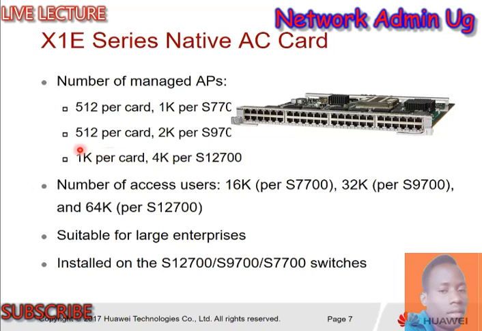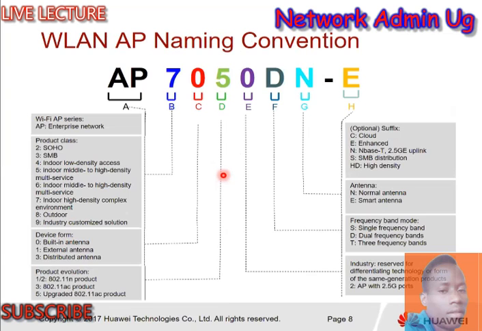If you have a switch of the 12,700 series, it will support approximately a maximum of 4,000 access points per card that you insert. So you buy a card, insert it into the SCU, and then you're good to go. But it will depend on what series of switches you have.